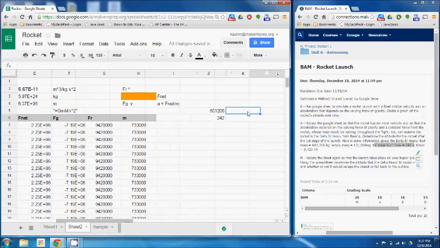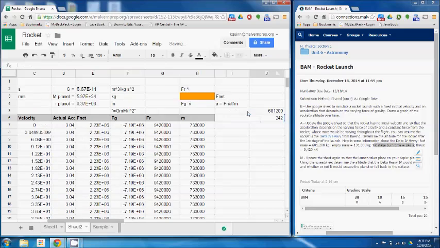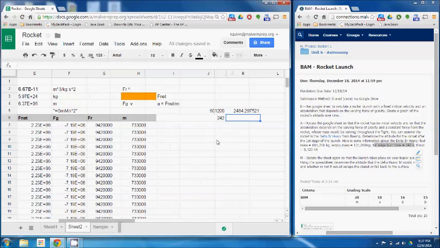So if we were to say, what is the mass divided by 242, we find out that 2,484 kilograms of fuel are burned every single second. But we're not doing anything about that. We've got to take that into account down here.